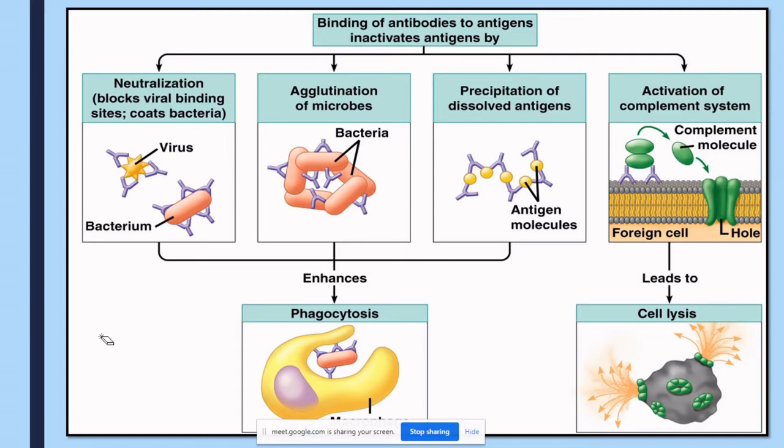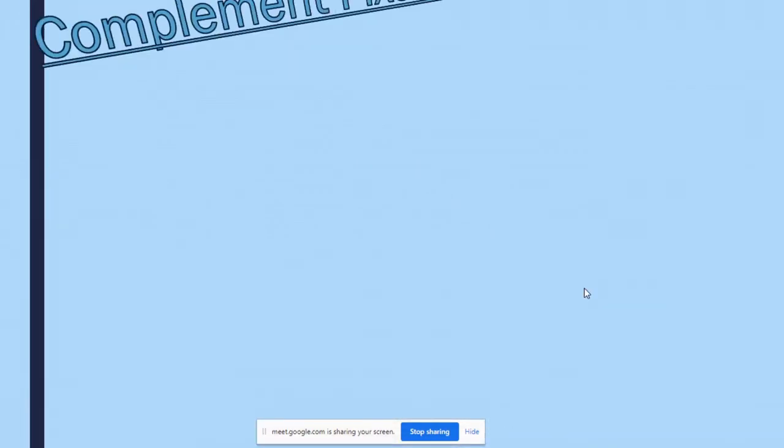There are 9 such factors. Because we call them complement, we denote them by the letter C. So C1 to C9. You can see it in the diagram, such small factors, in this green color. What are they doing? I need to tell you this because antigen antibody binding triggers one of the pathways that Omkar mentioned. I would have to tell you in brief what the complement system is.